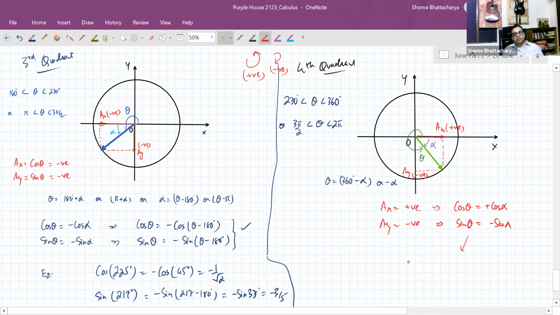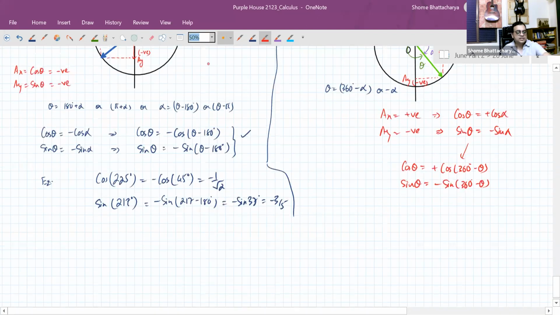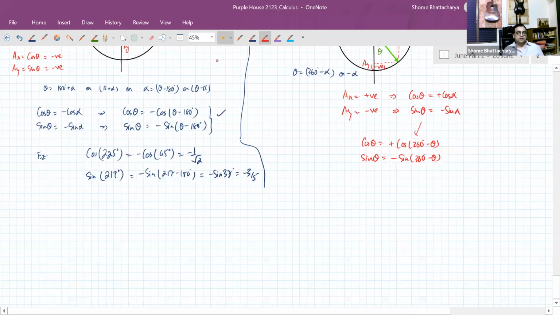So from this we have the formula for the fourth quadrant, that cos of theta is positive of cos of 360 minus theta, whereas sine of theta is negative of sine of 360 minus theta. Okay. So if we look at a similar example, let's take some angle in the fourth quadrant.